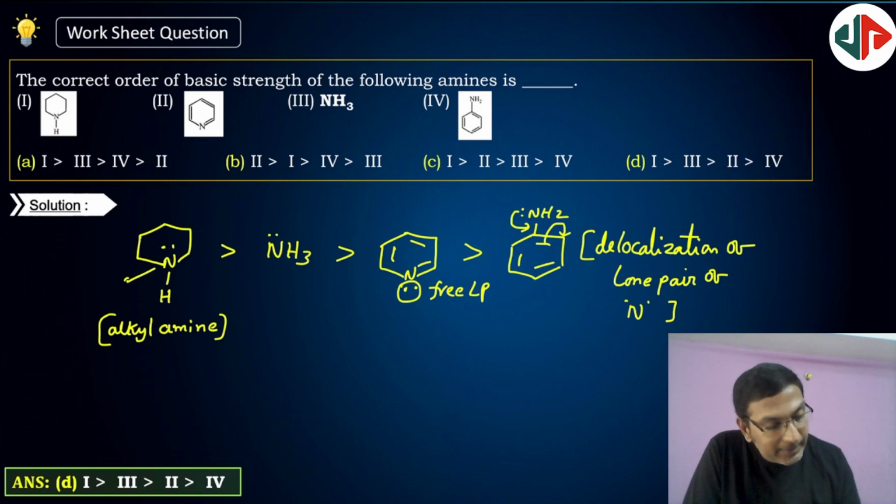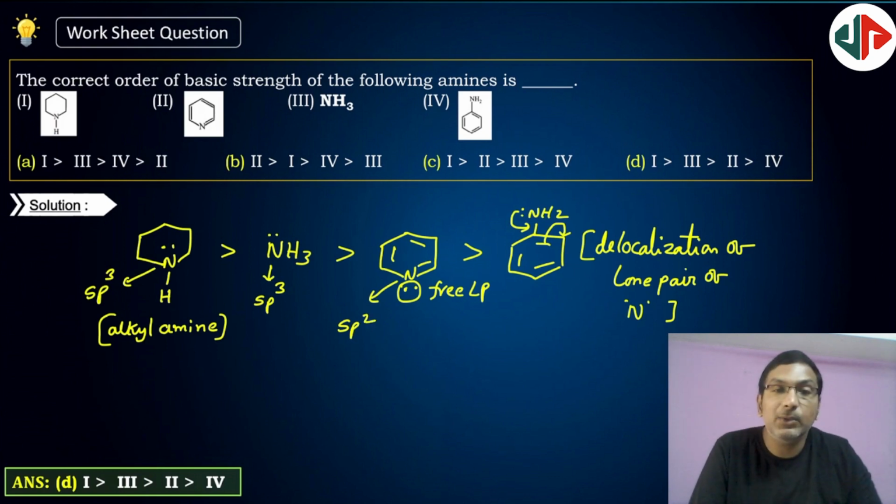Next here sp3 carbon. Here also sp3 carbon. So here sp2 carbon. So when compared to sp2 carbon, sp3 carbon is more basic. That means sp3 nitrogen is more basic. sp3 nitrogen, sp3 nitrogen, sp2, and in last example there is delocalization of lone pair of nitrogen. So when compared to sp2, sp3 nitrogen is more basic. Less electronegative nitrogen, therefore it can donate electron pair easily.